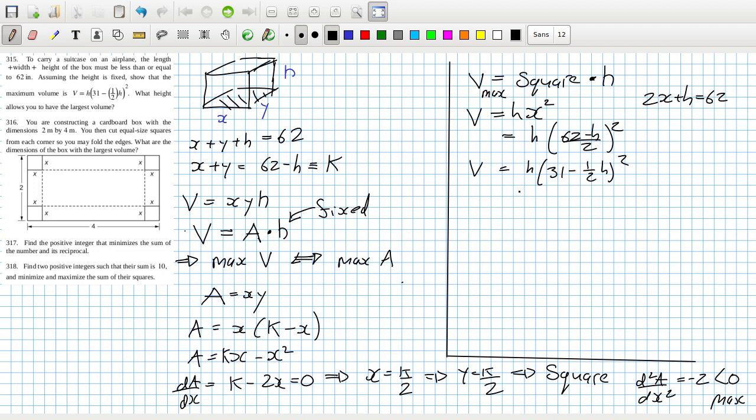So I feel like we could differentiate this and make this equal to 0. Or is there anything easier to do? Let's try it. So dV/dh is 31 minus a half h, squared, plus 2h times 31 minus a half h times minus a half, and that should equal 0.